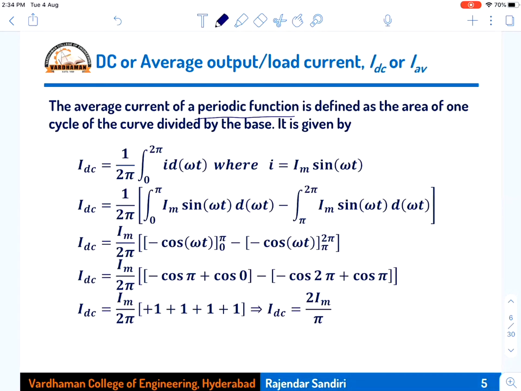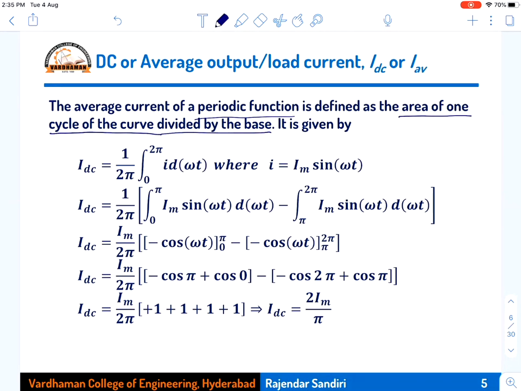Then the average current of a periodic function is defined as the area of one cycle of the curve divided by the base. The area of one cycle of the curve is represented by the integration over one cycle, which is 0 to 2 pi. Therefore, integration from 0 to 2 pi of the current. We can even take the voltage also; the parameter is either voltage or current.